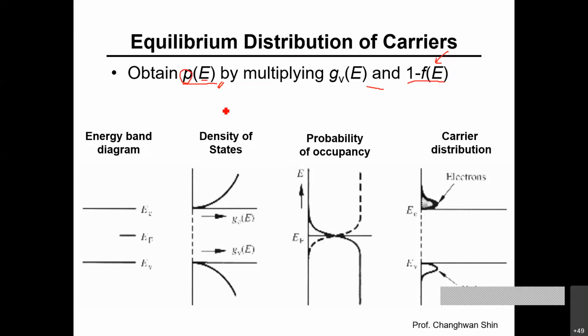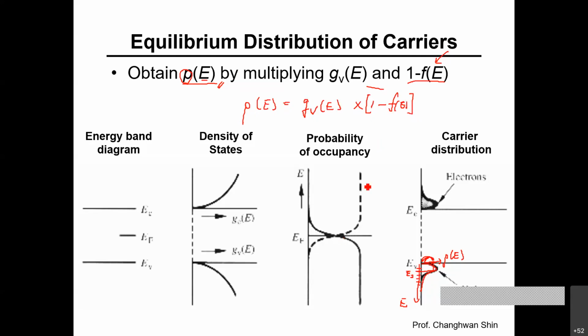Similarly, we can estimate how many holes are available at each energy level in the valence band. So P of E can be obtained by g sub V of E times 1 minus f of E.